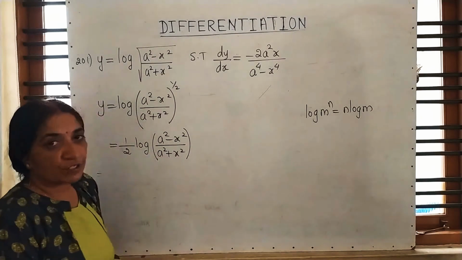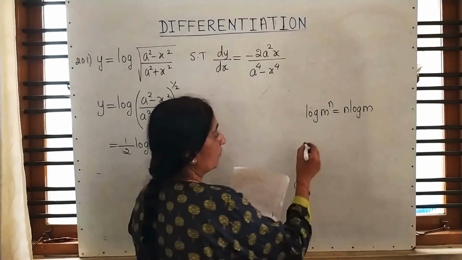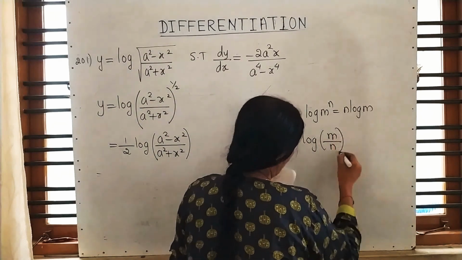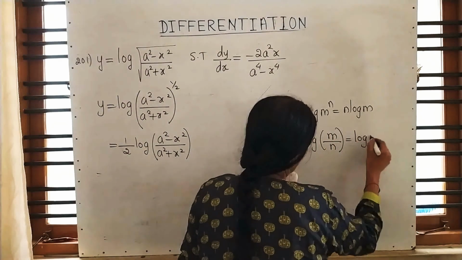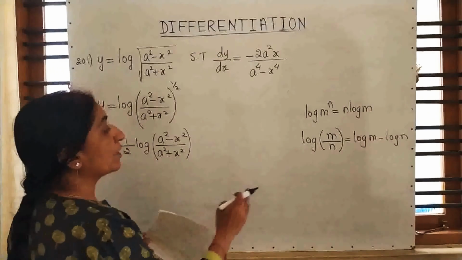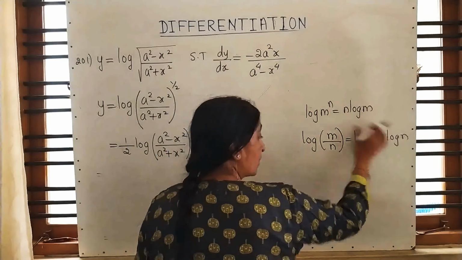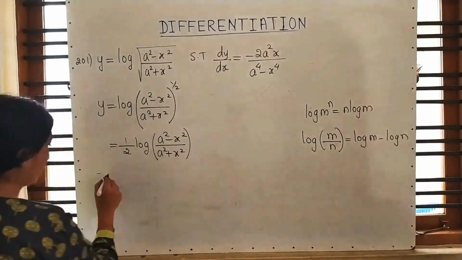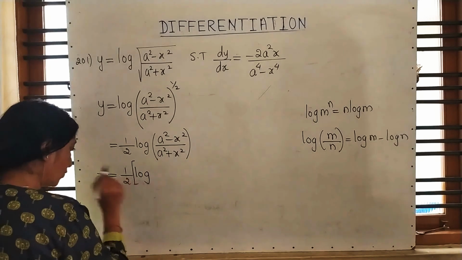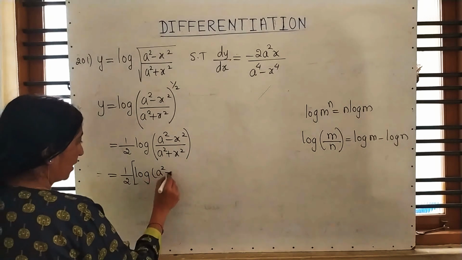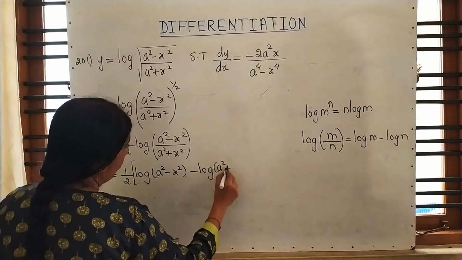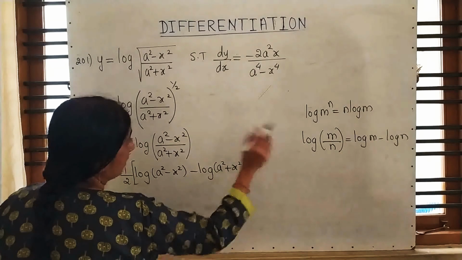Now you can differentiate, or if you are familiar with one more property, log m by n will be written as log m minus log n. So compared to this, differentiation will be simple. That's why I am writing 1 by 2 log, see 1 by 2 is outside, log a square minus x square minus log a square plus x square.